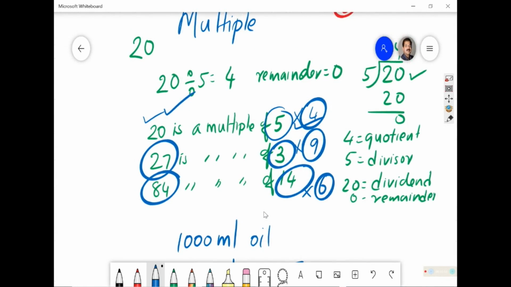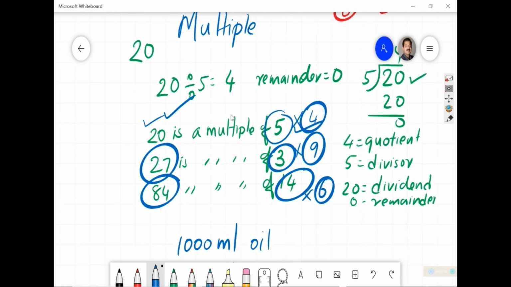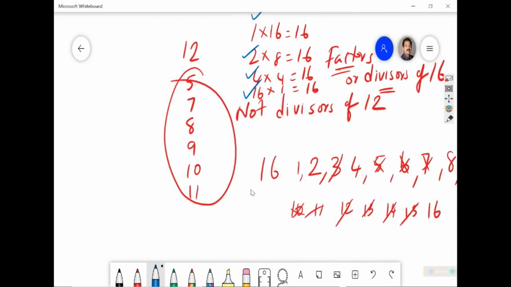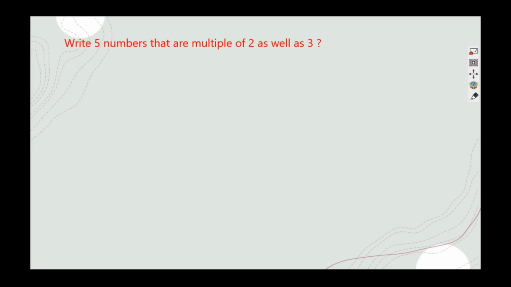And you know that 20 is a multiple of 5, 27 is a multiple of 3 and 9, and 84 is a multiple of 14 and 6. Okay, and you also studied that if you can divide a number with another number, the dividing number is a divisor. After understanding the concept of multiples and factors, you may get certain questions like this.